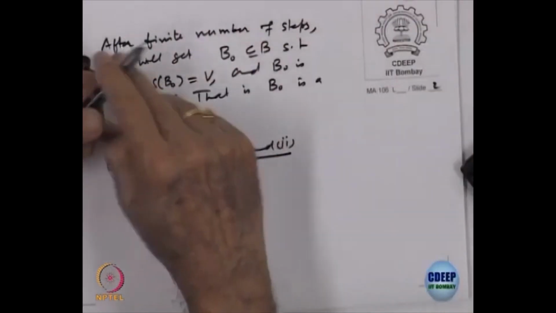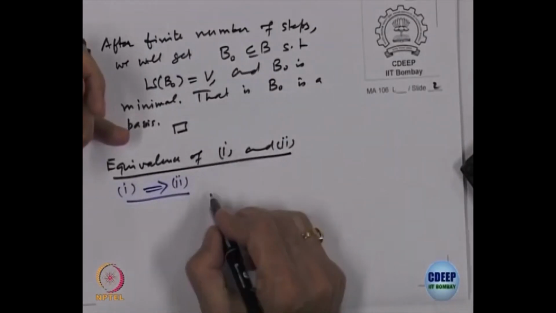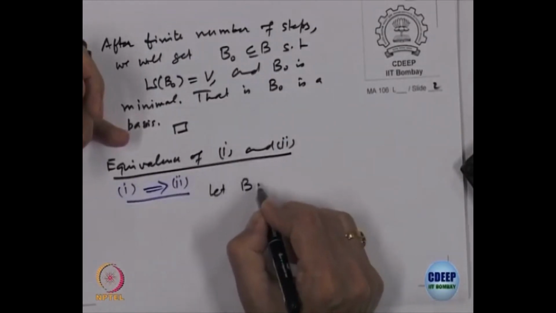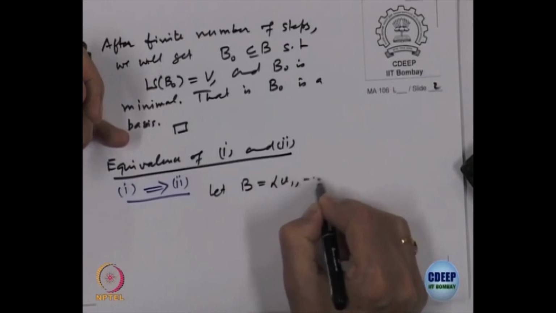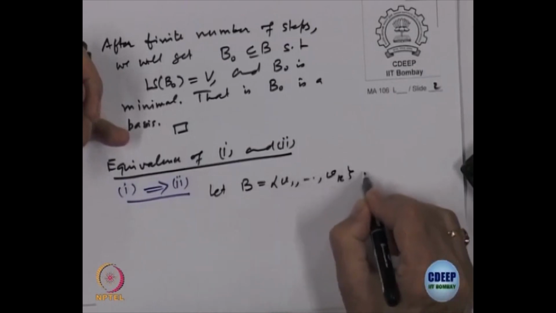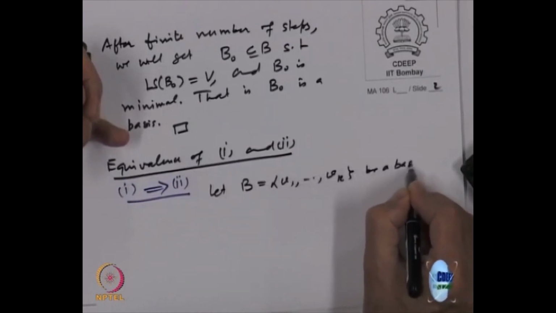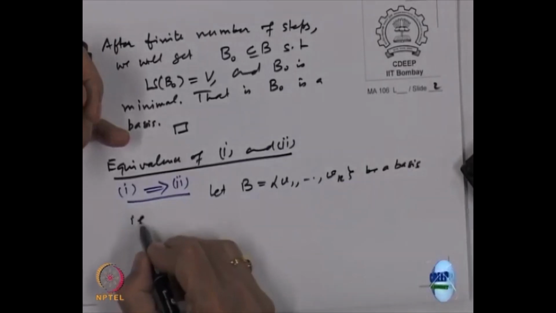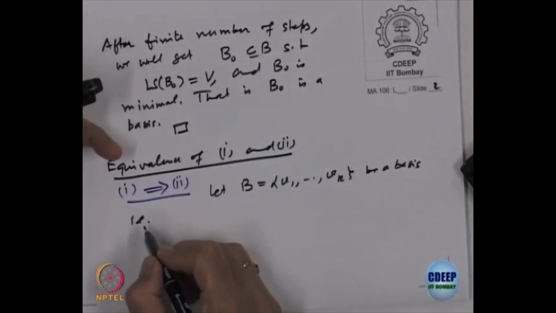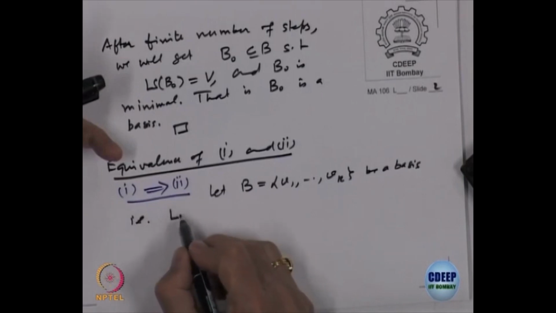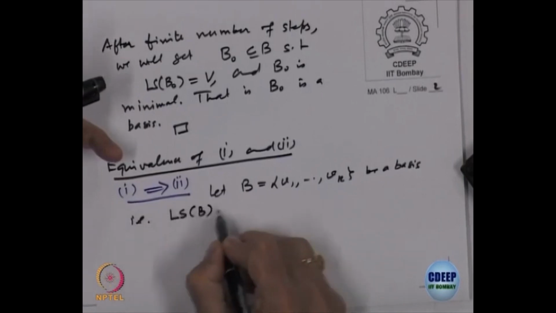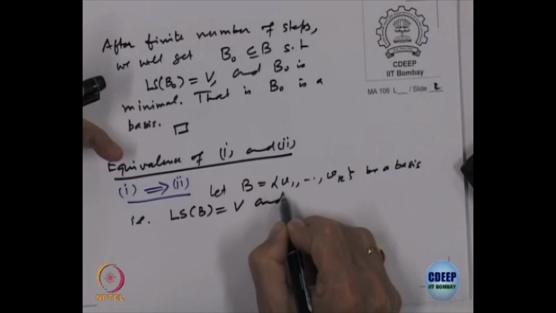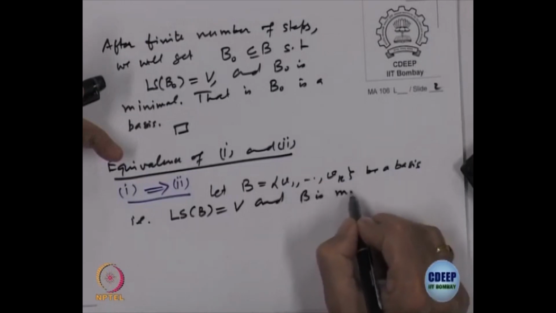So what does statement 1 give? Let B equal v1, ..., vk be a basis. That is what is given to us: the linear span of B is equal to V and B is minimal.